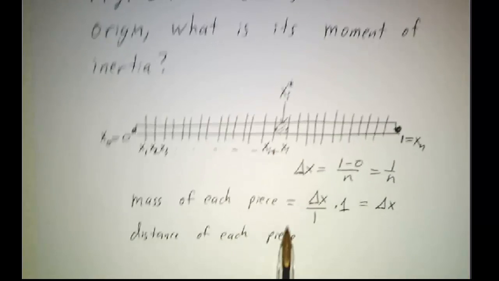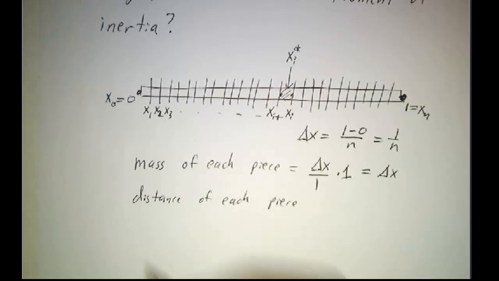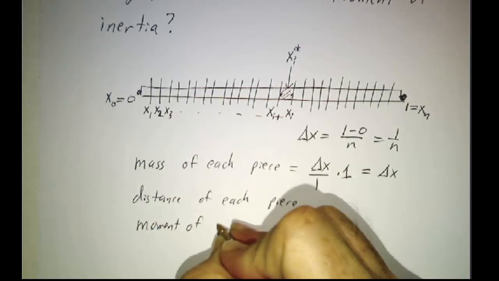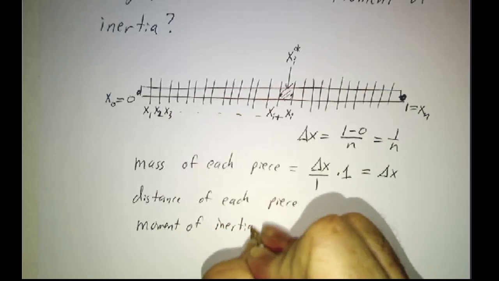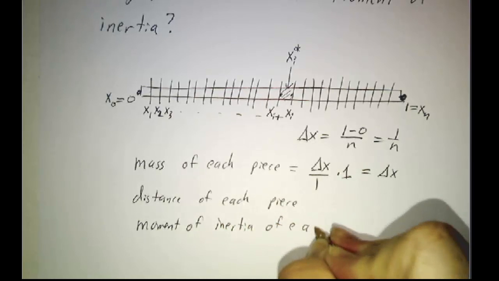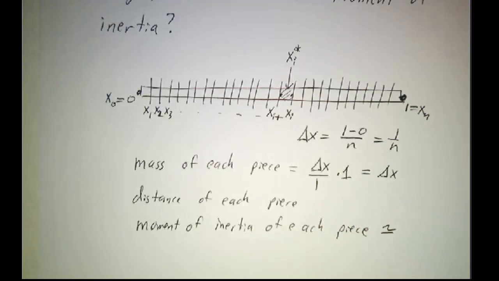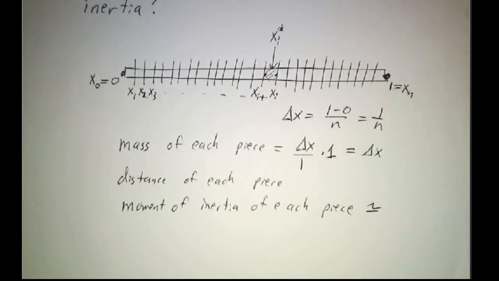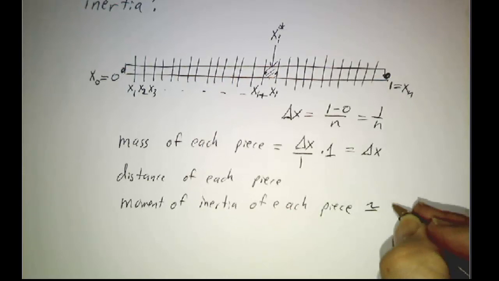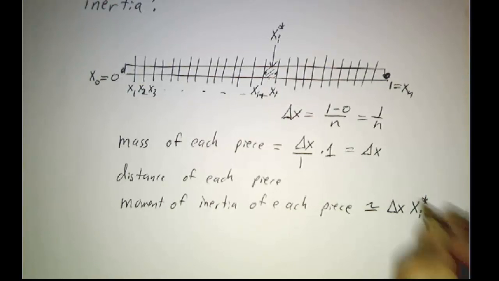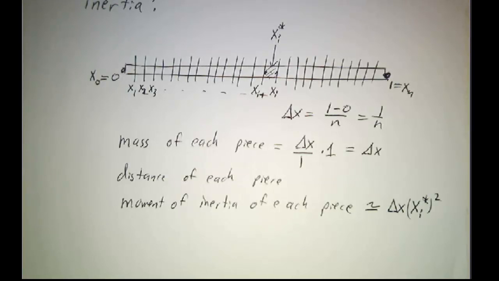So the moment of inertia of each piece is going to be approximately, it's approximately because we don't have the distance exactly right, the mass of that piece times the distance squared, because that's the definition of moment of inertia.